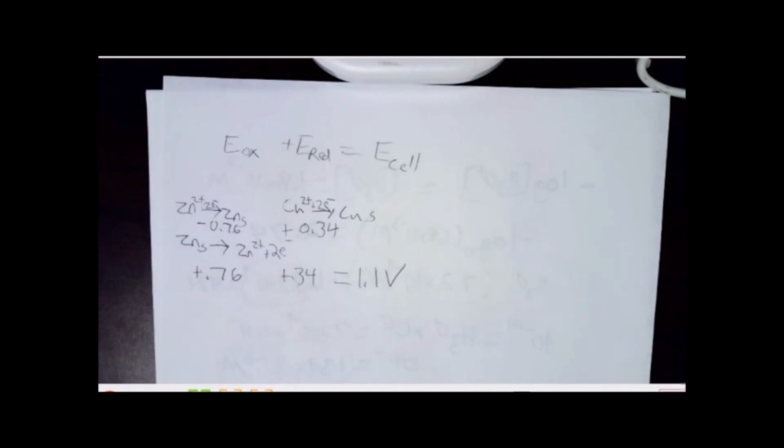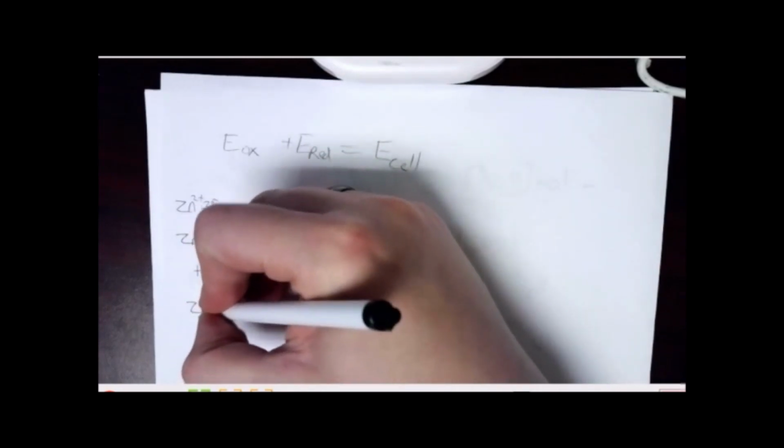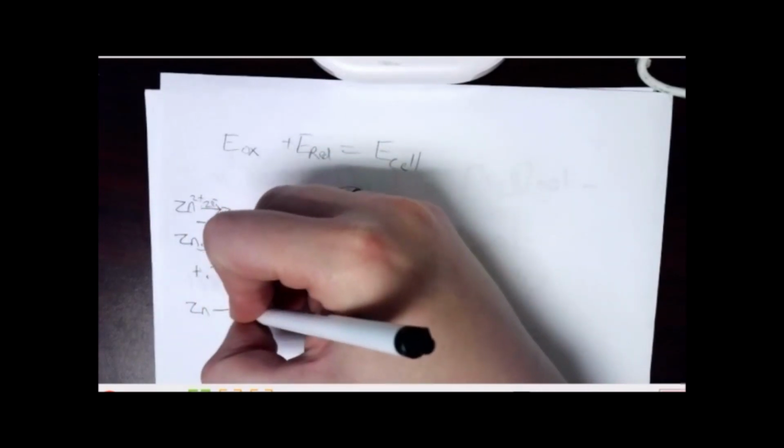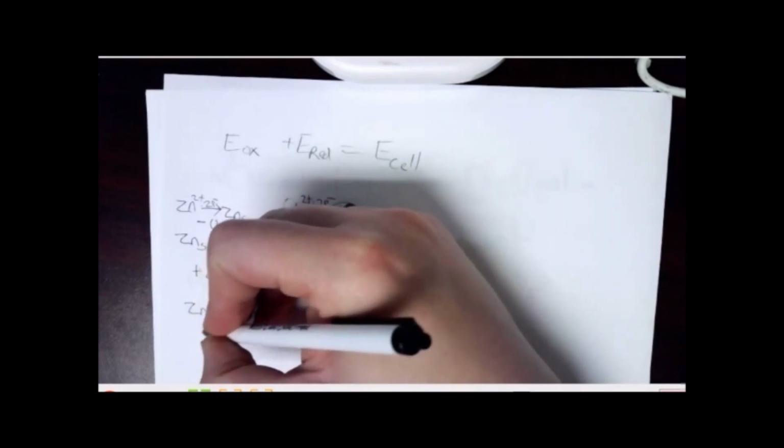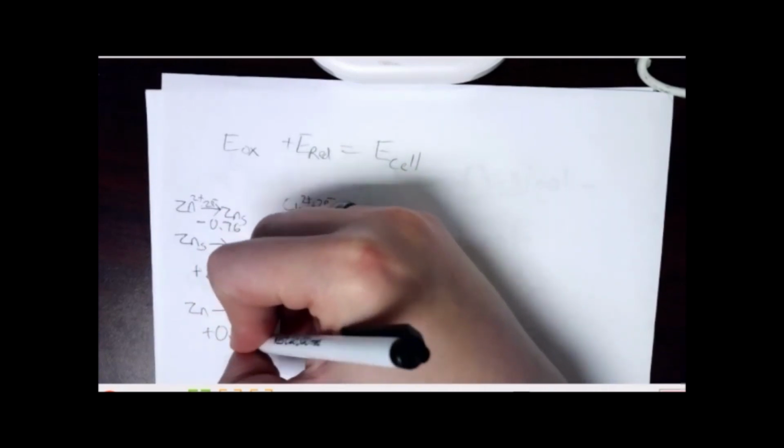Looking at the reactions we did in our starting example, we mixed zinc goes to zinc 2 plus, which would have to be plus 0.76 because it's the oxidation.